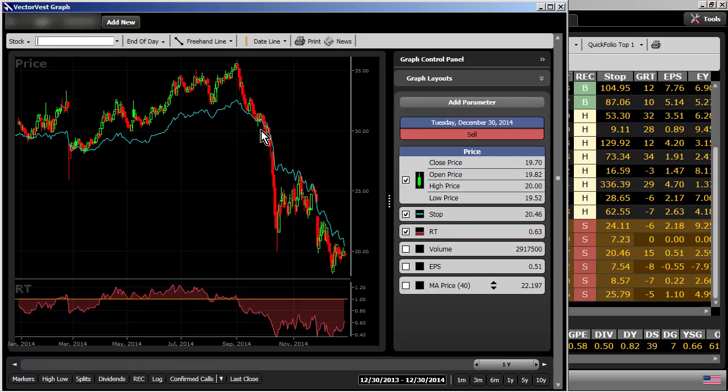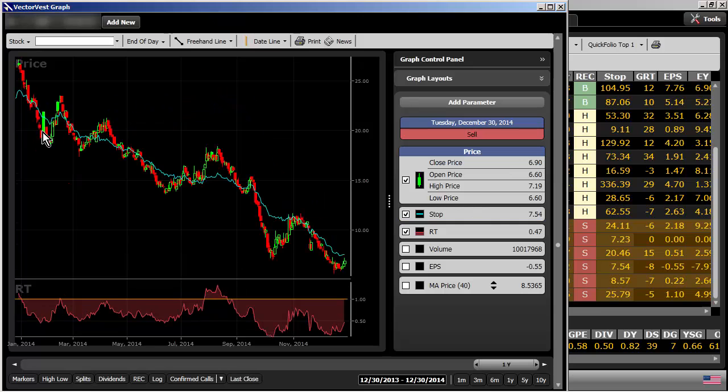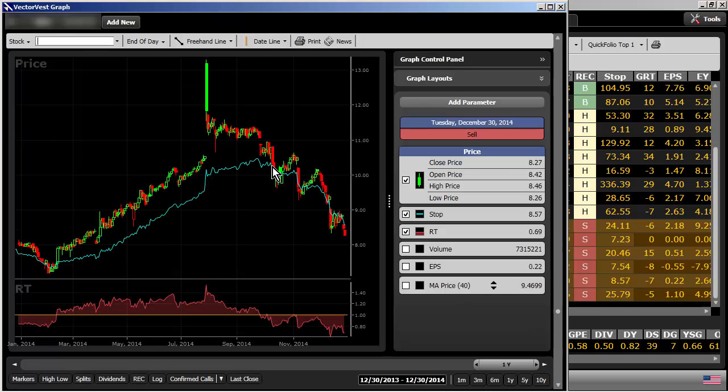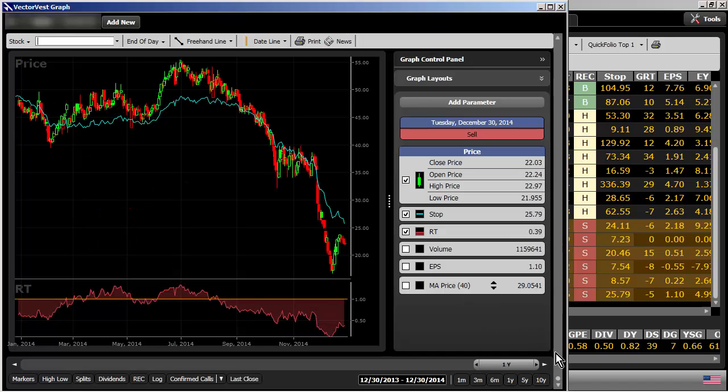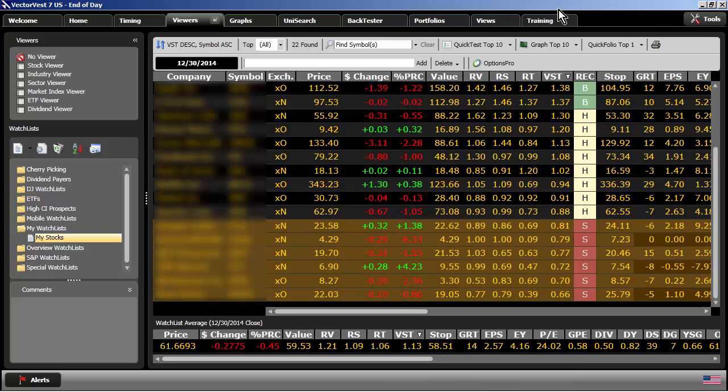This stock was a sell recommendation around here. And the next stock, this stock was practically a sell recommendation the entire time. Here we have another sell recommendation and another. Remember, you can always take your profits sooner, but that sell recommendation can be a lifesaver, or a portfolio saver in this case.